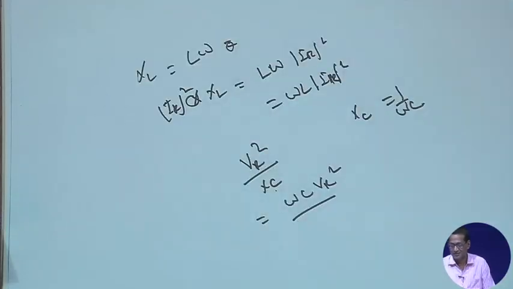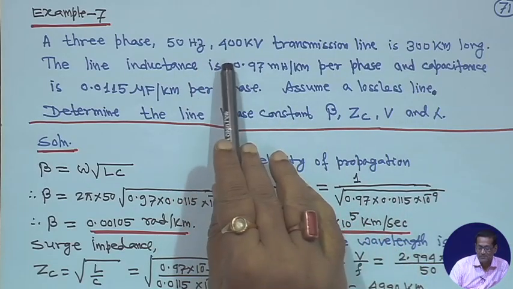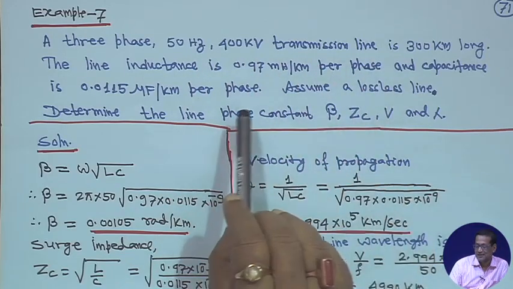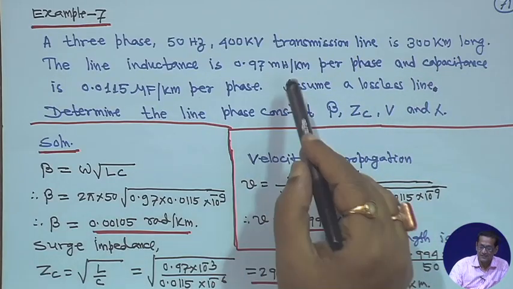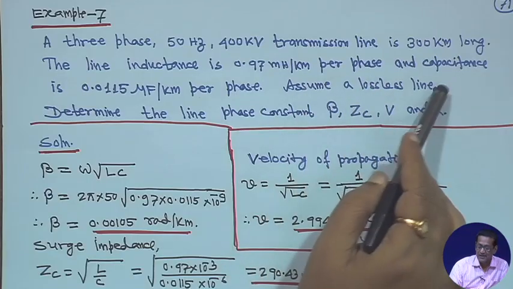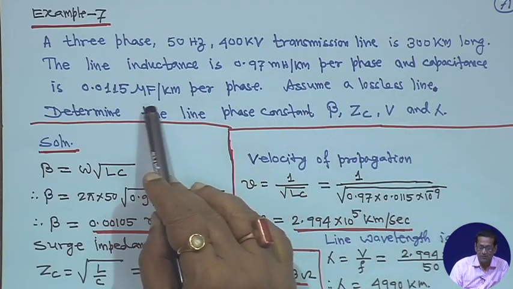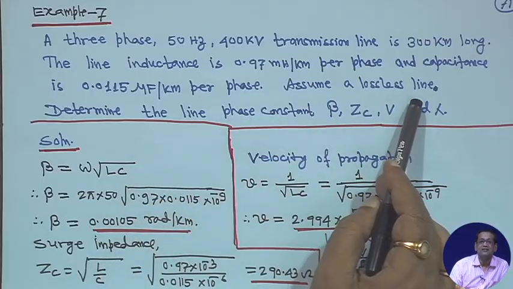So, we take a small example: a 3 phase 50 hertz 400 kV transmission line is 300 kilometer long. The line inductance is 0.97 millihenry per kilometer per phase, and capacitance is 0.0115 microfarad per kilometer per phase. Assume a lossless line.